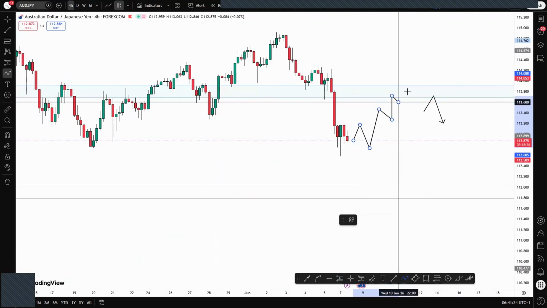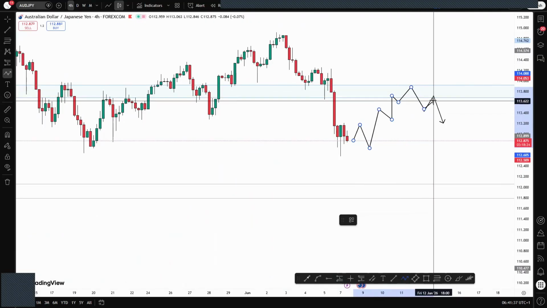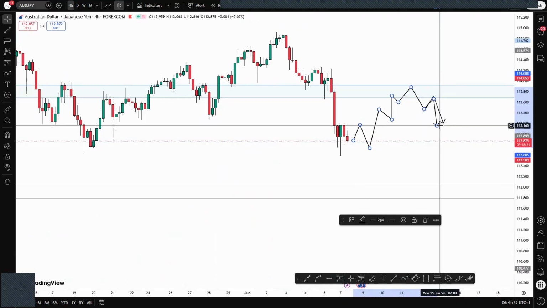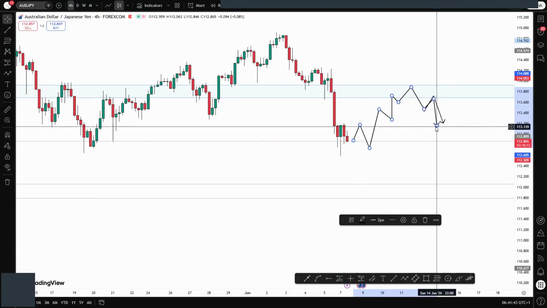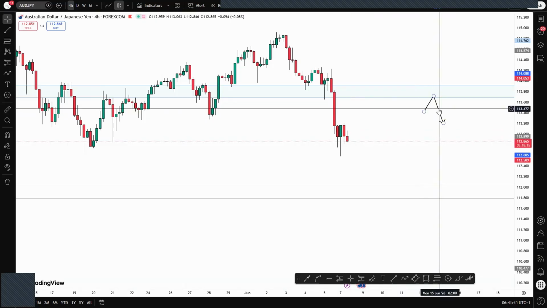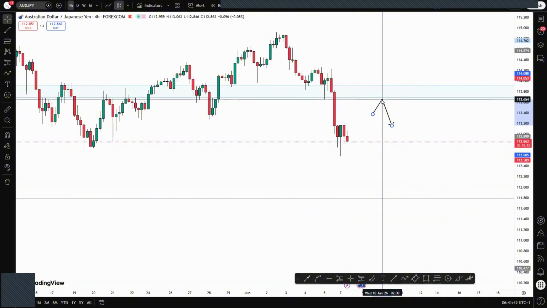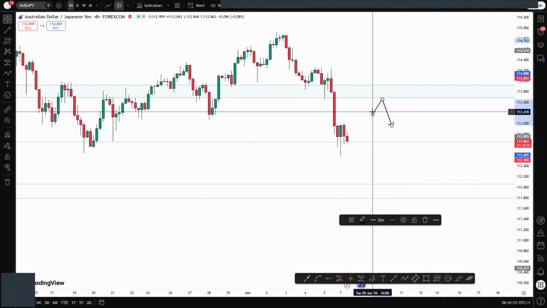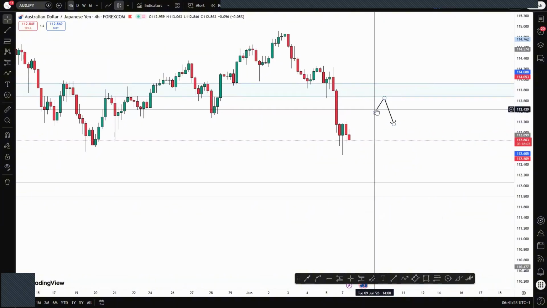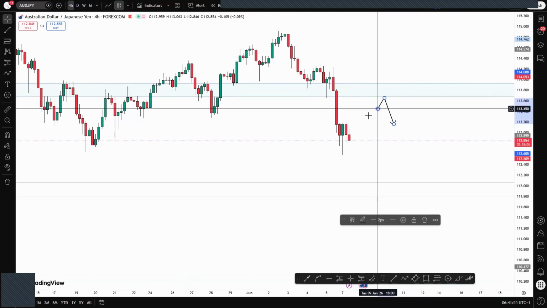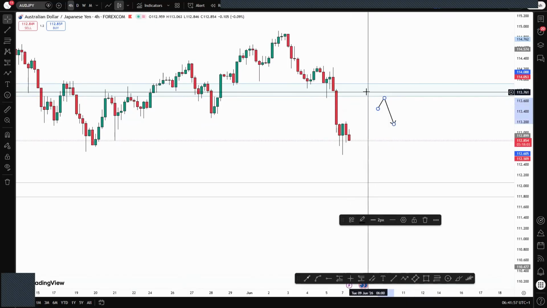And when we are here, we'll be waiting for a shift to then sell. But the first important thing is the daily retest at this point. Then our next move will be determined on how price reacts at this point and how it retests that level.